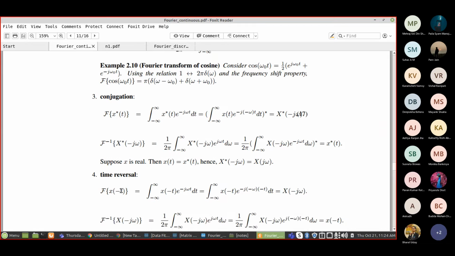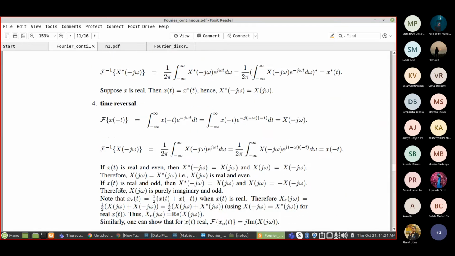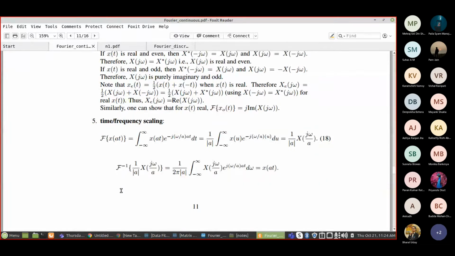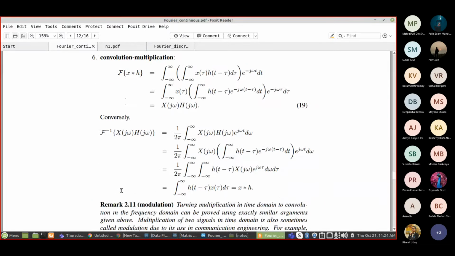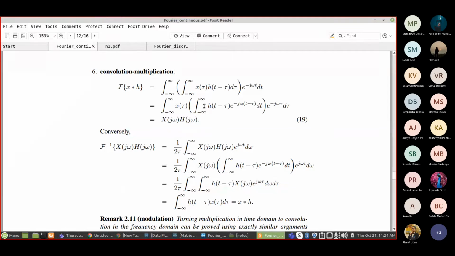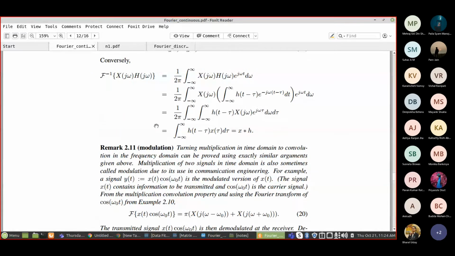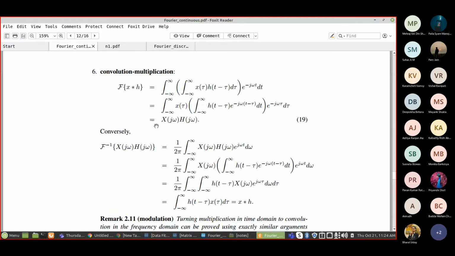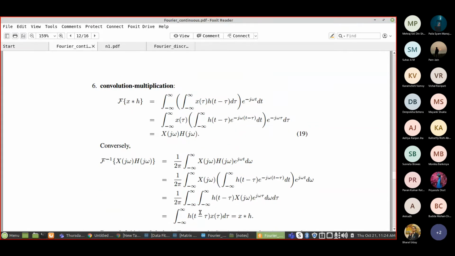Conjugation also is straightforward. Time reversal, these easy things let me skip. Convolution multiplication is also straightforward. Multiplication turns into convolution. You can just use these same simplifications to show that the Fourier transform of multiplying two signals in time domain turns into their convolution in the frequency domain.